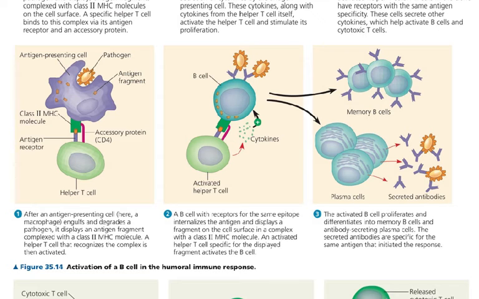And when the B cell is activated, it kind of splits into two categories. So it's going to divide and grow and divide and grow, and it's going to make memory B cells, and the memory B cells are going to sit there and wait for the next time you get infected. And it's going to make plasma cells, and plasma cells are going to go out and secrete the soluble or not membrane-bound versions of these antibodies.